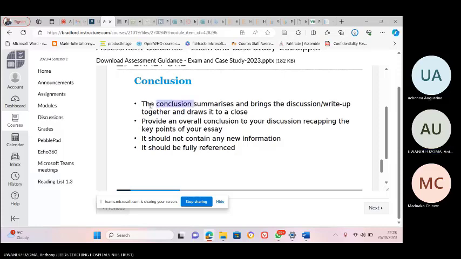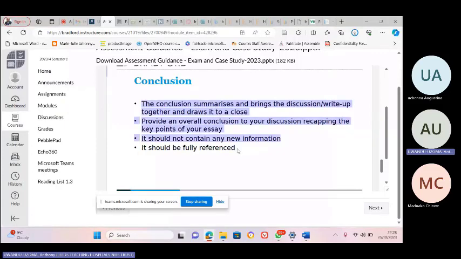Okay. Now they say something about conclusion. So let's do this one. Now the conclusion summarizes everything. Now remember I said the conclusion should not contain any new information, and it should be what? Fully referenced. Okay. So these are the rules guiding your conclusion.